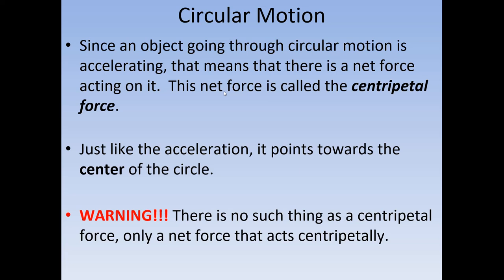Maybe it's the normal force, maybe it's the frictional force, or an applied force, or a tension force, or any of the other forces that we've talked about. We haven't talked about electromagnetism, but that could also be a force acting on it. Whatever force that's acting on it, it's going to be what's causing this centripetal motion.